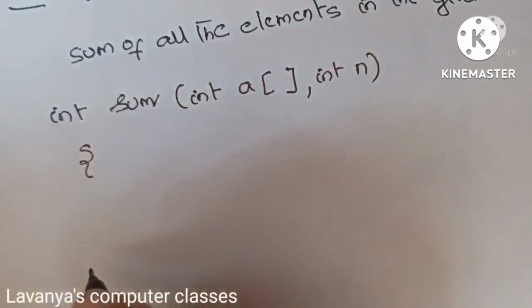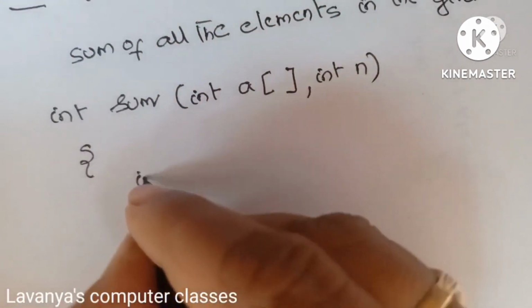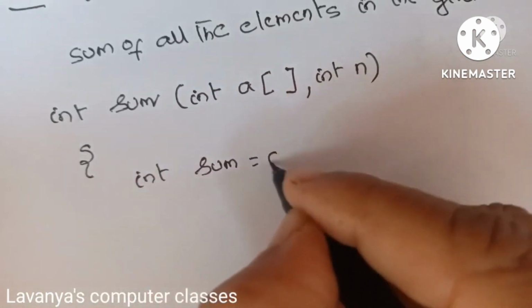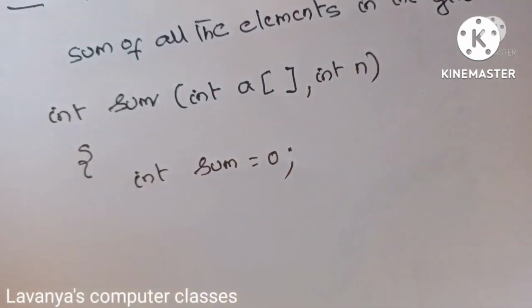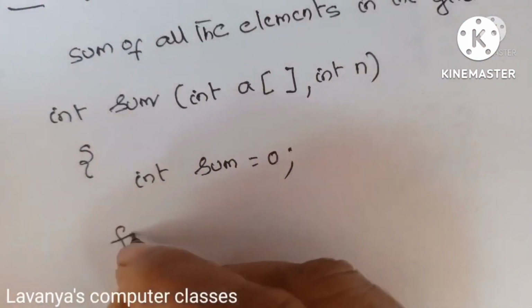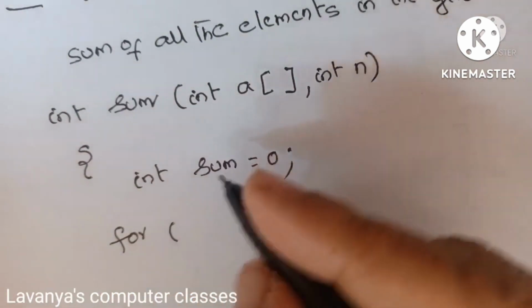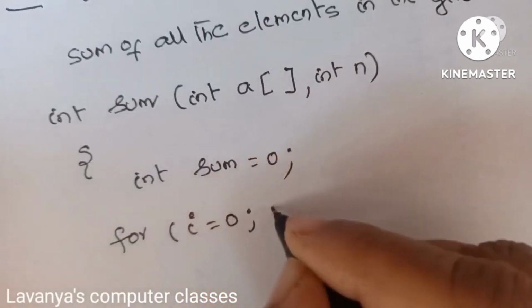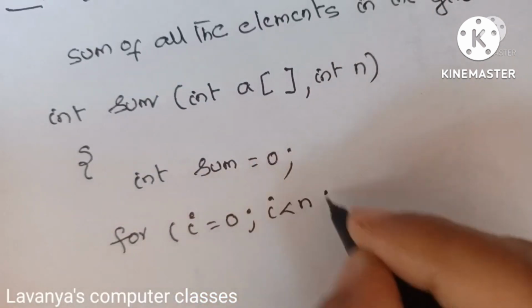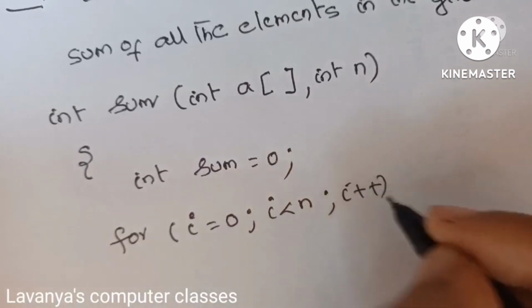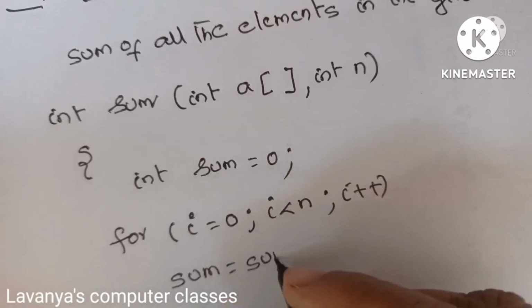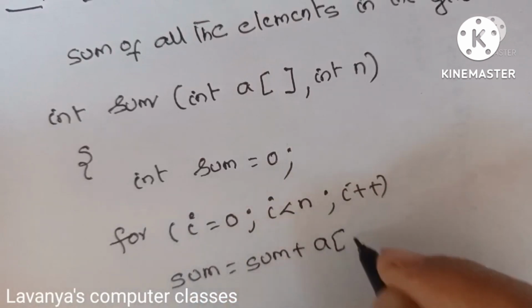Then curly brackets are started. I want to calculate sum, so I will take one more simple variable, sum equal to 0, also integer data type. Next I take the loop because I want to go through all the elements in the given array. So for i equal to 0, i less than n, i plus plus, sum is equal to sum plus A of i.